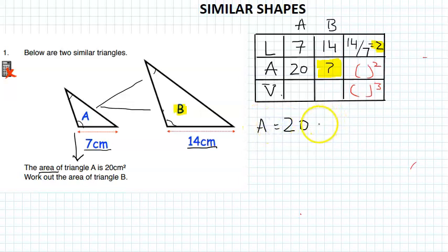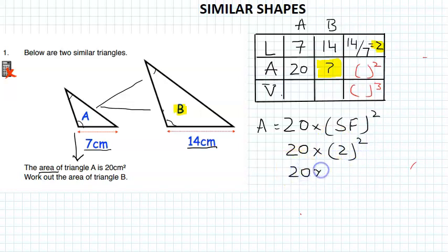When you have to find the area, it is the given area multiplied by the scaling factor, and in case of area, you have to square it. You know that the area is bigger, so it is 20 multiply the scaling factor 2, that is 2 square. So this is going to be 20 multiply 4, that is 80 centimeter square.